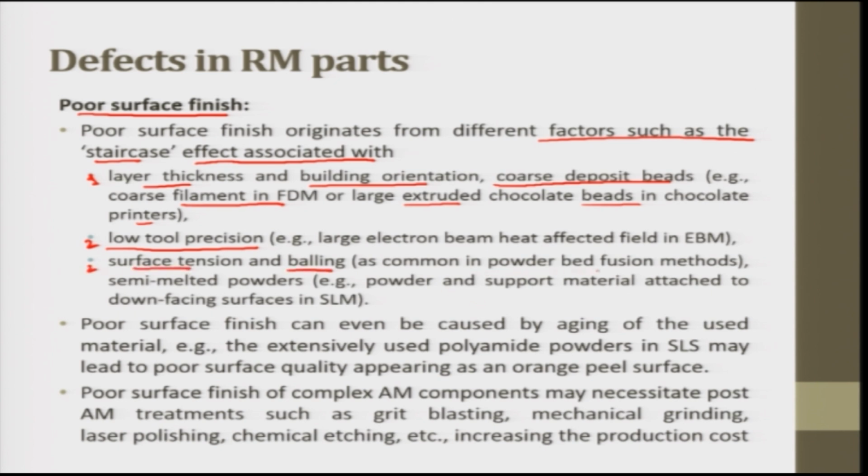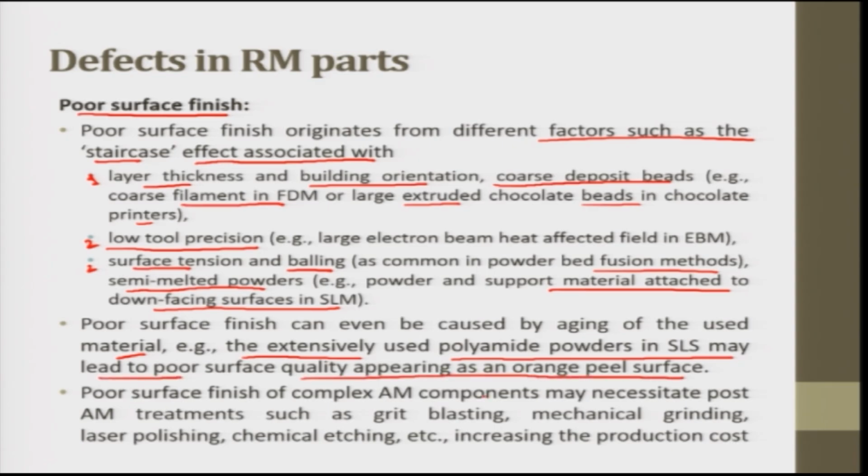As common in powder bed fusion methods, semi melted powders, for example powder and support material attached to the down facing in SLM. Now poor surface finish can even be caused by aging of the used material. The extensively used polyamide powders in SLS may lead to poor surface quality, appearing as an orange peel surface.